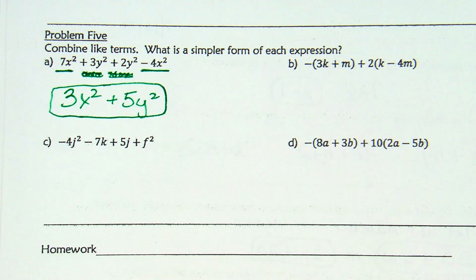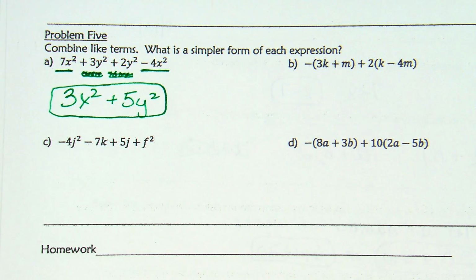What about this negative? What can you think of this negative as? It's like a -1, and it's going to have to distribute as well. Let's do all of our distributing there. -1 times 3k becomes -3k. -1 times m, -1m.